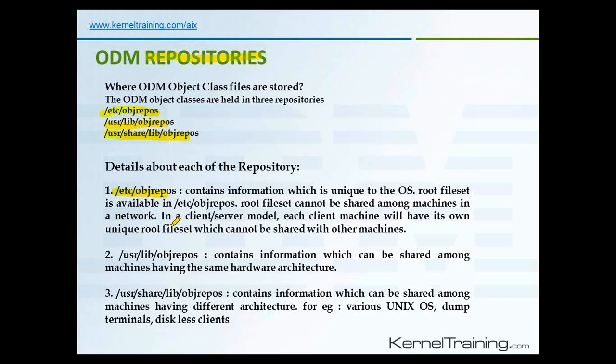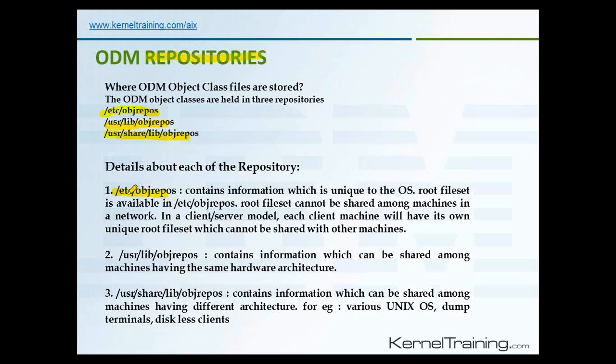All in all, the entire local operating system information is maintained inside /etc/objrepos, which is unique only to your box, your LPAR, your VM. It stores the information about that.